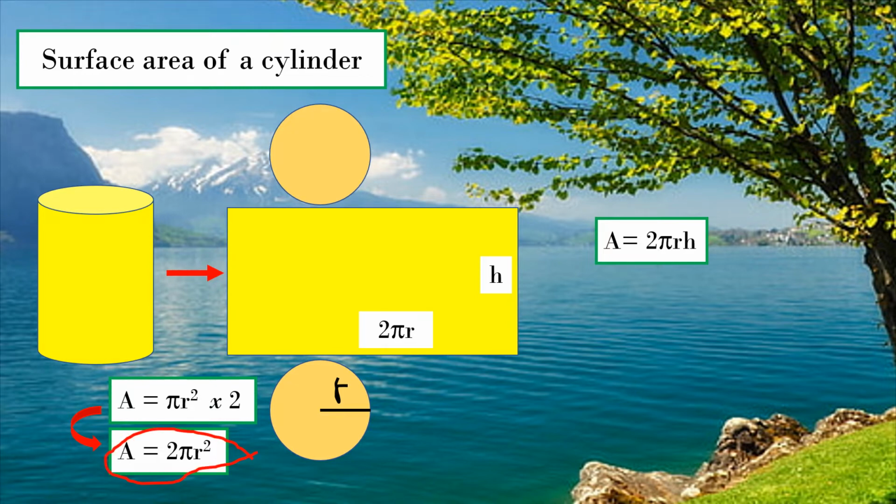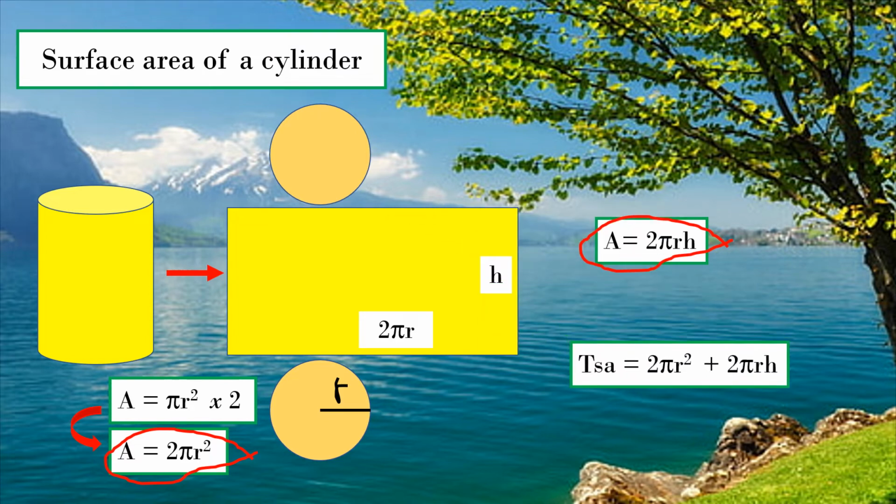Then now we are going to add. There, the total surface now is equal to 2 pi r squared plus 2 pi r height. I'm going to show you. So here, 2 pi r squared plus 2 pi r height.